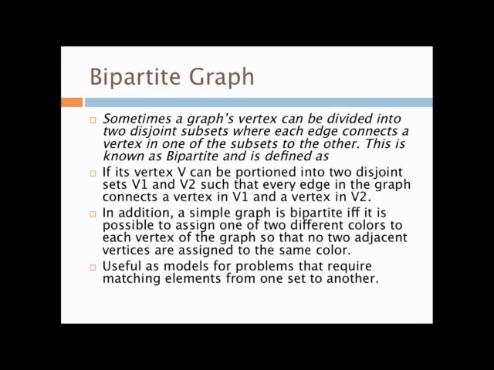Also, a simple graph is bipartite if and only if it is possible to assign one of two different colors to each vertex of the graph so that no two adjacent vertices are assigned to the same color. These are useful as models for problems that require matching elements from one set to another.